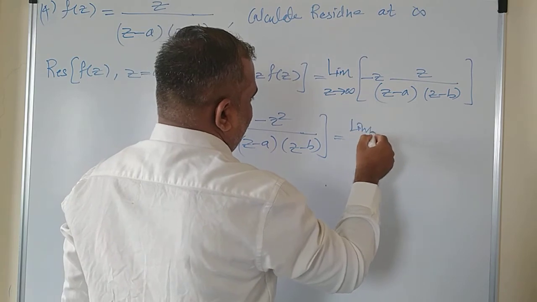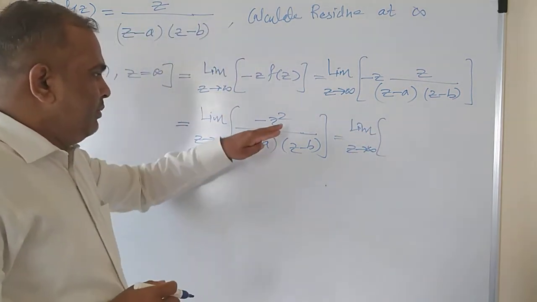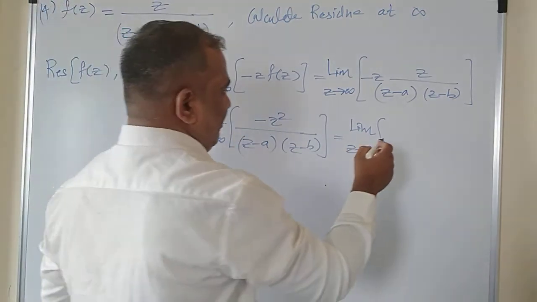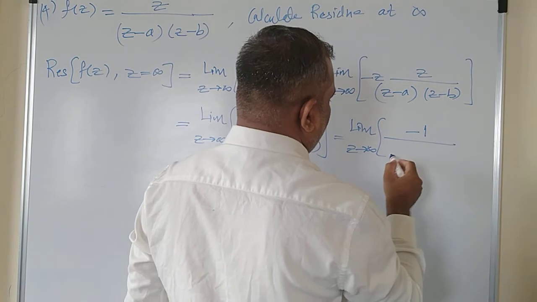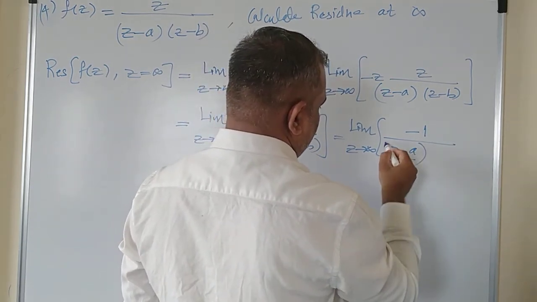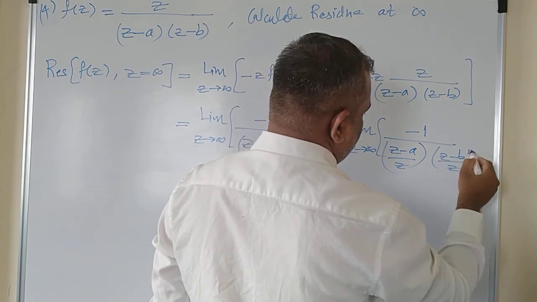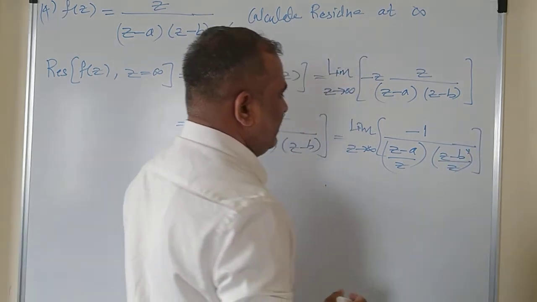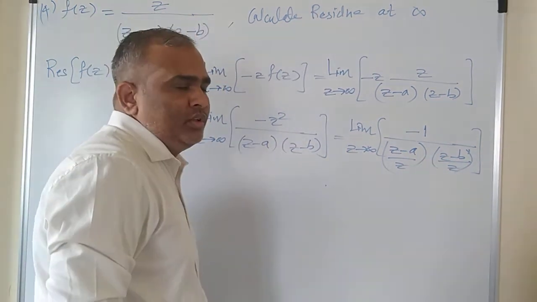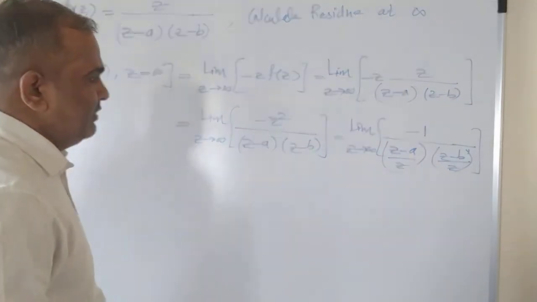right? Now to get this answer, let me divide by z square in the denominator, and then I will get this equals minus times 1 divided by (z minus a) by z and (z minus b) upon z, right? Z square is separately divided by both the terms because those are multiplied, and if you multiply them you will get 1 by z square.